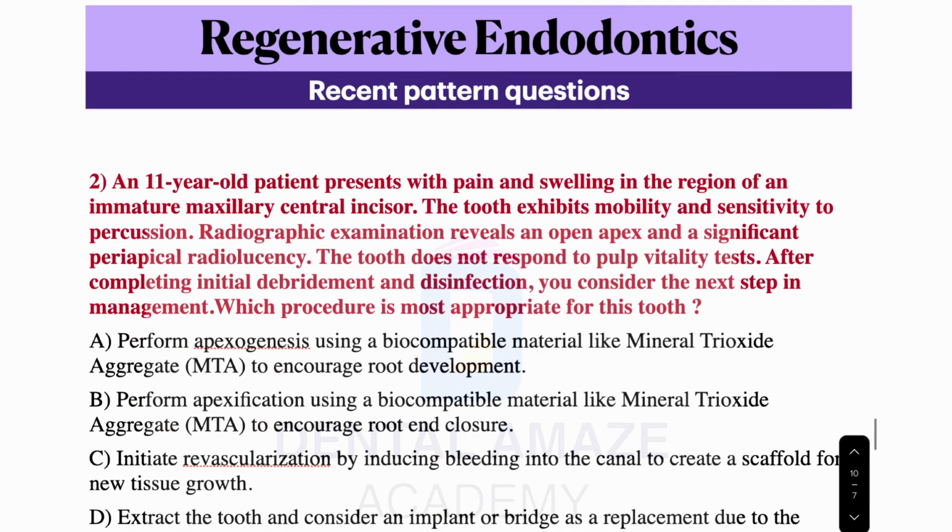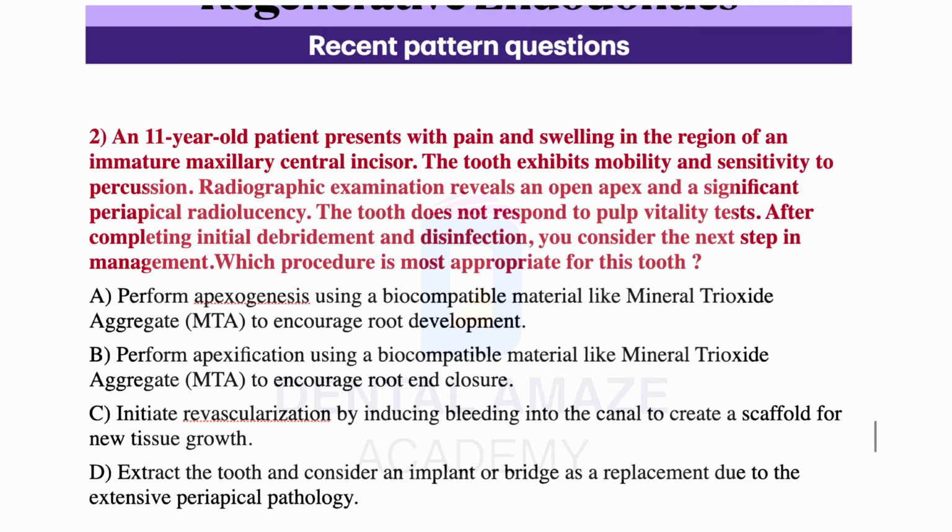Now coming on to the next question, a clinical-based question. An 11-year-old patient presents with pain and swelling in the region of an immature, and this is important, immature maxillary central incisor. Usually what we know is apexogenesis, apexification. The tooth exhibits mobility and sensitivity. There is a periapical problem.